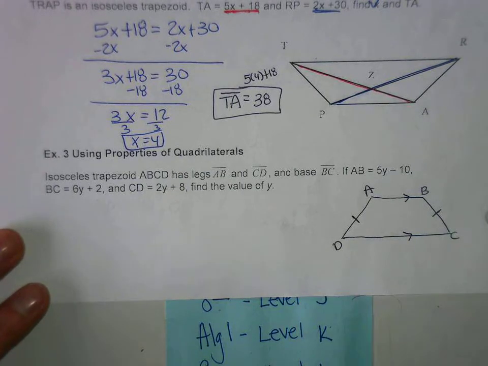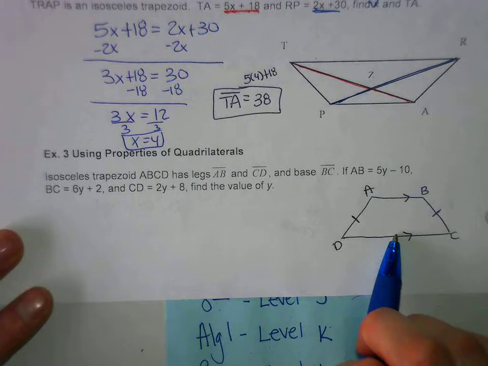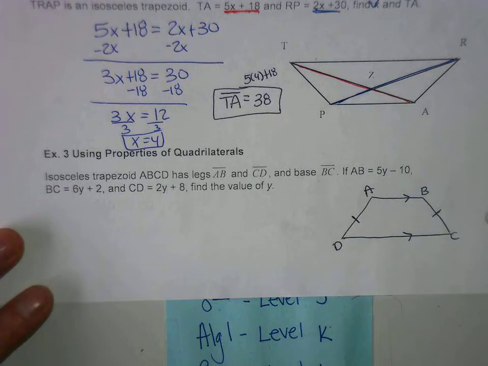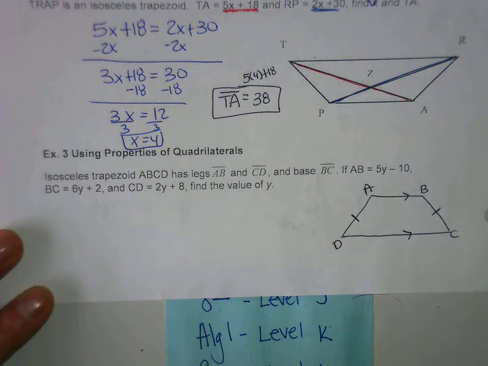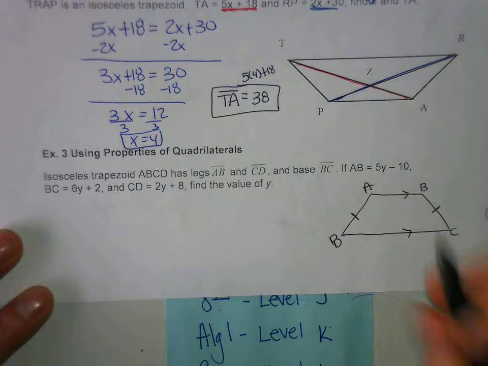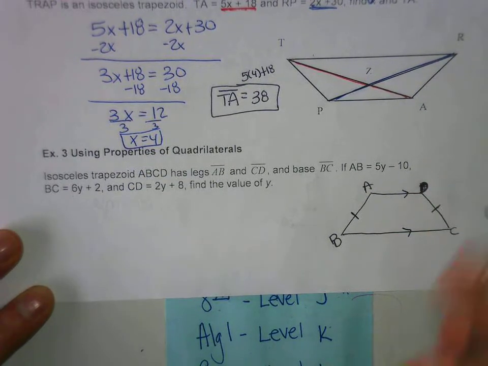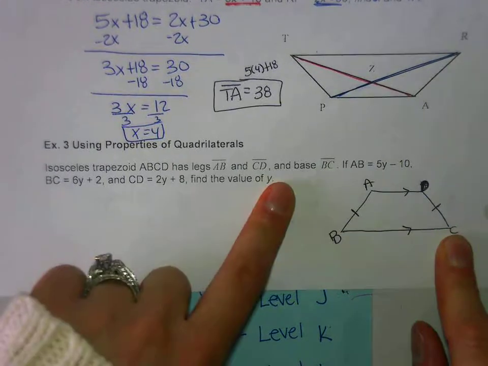It says legs AB and CD, and the bases, which is what we're showing. Gotta label that better. The legs are AB and CD, and the base is BC.